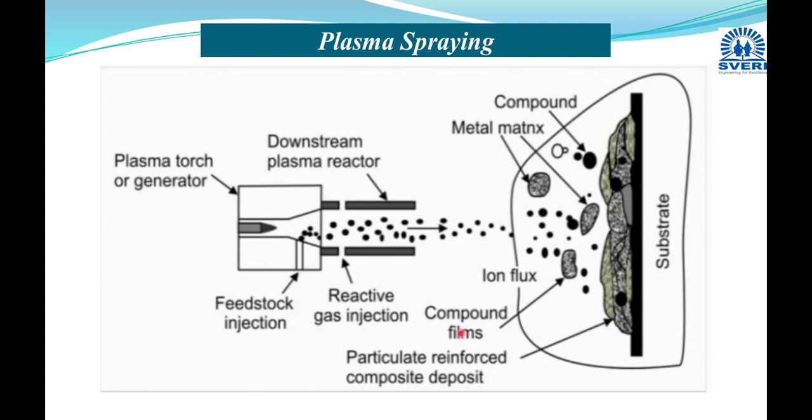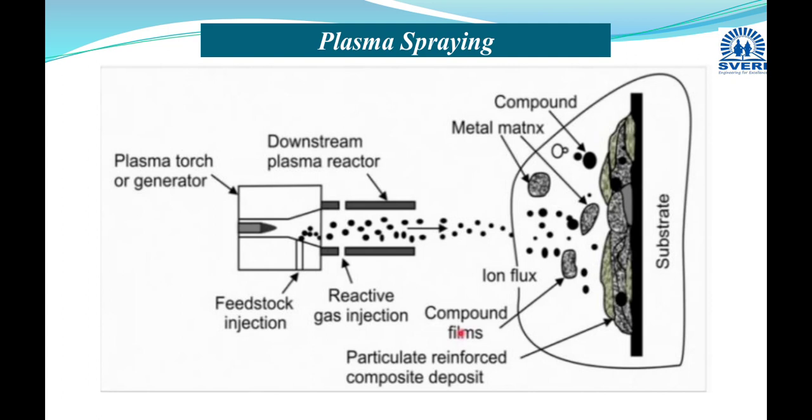A little bit advanced version of plasma spraying is reactive plasma spraying. When you are interested in a metal matrix composite or any ceramic coating, you can have a metal powder, and you can also flow nitrogen or oxygen as a reactive gas.